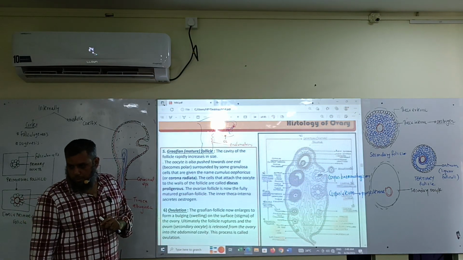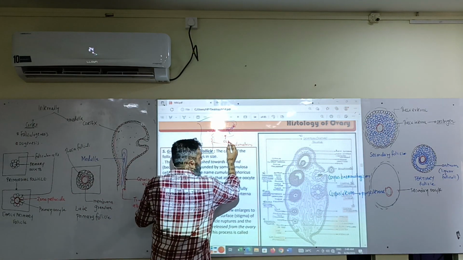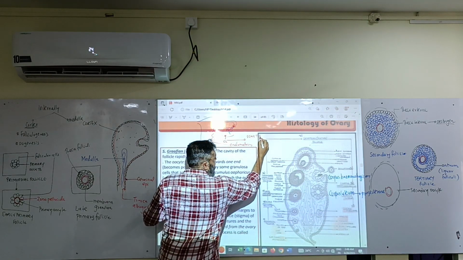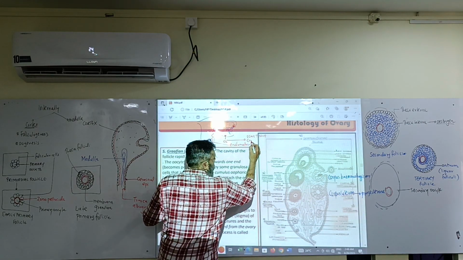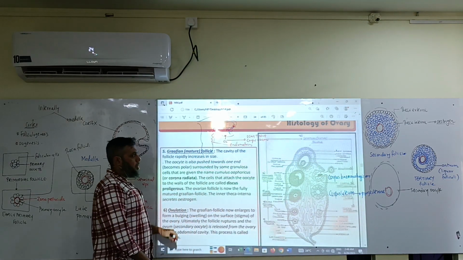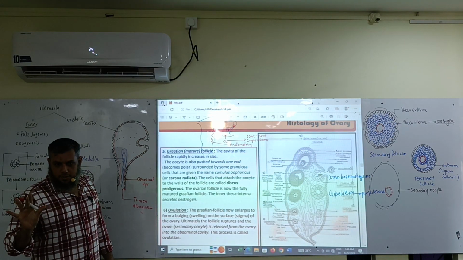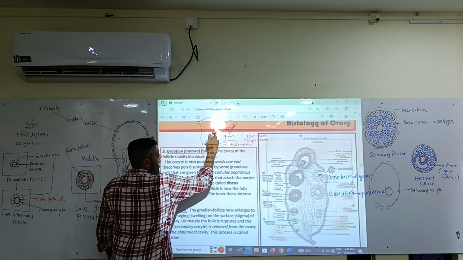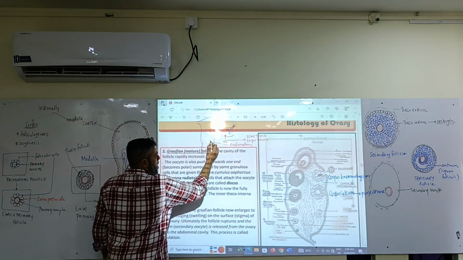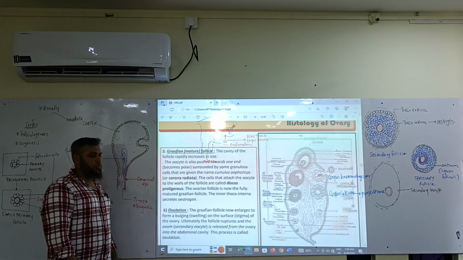So after a few days even the corpus luteum becomes dead, scar tissue, dead tissue, which is called corpus albicans. And the moment the corpus luteum dies, this endometrium will break. There are some hormones which will become less. And what will start? Menstrual cycle.